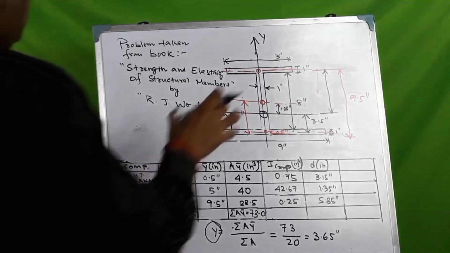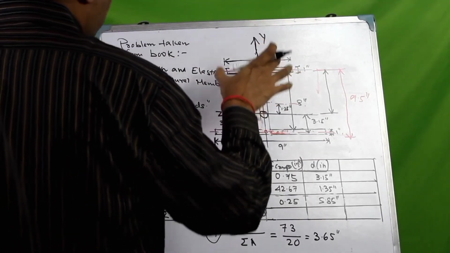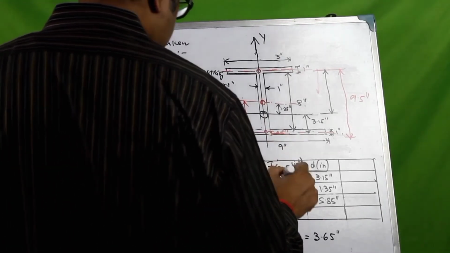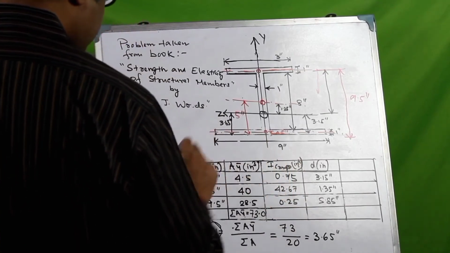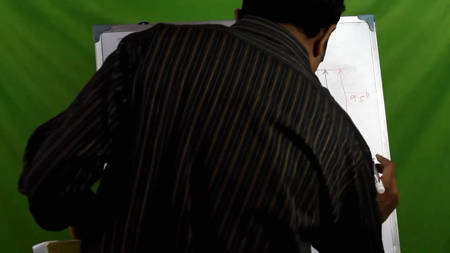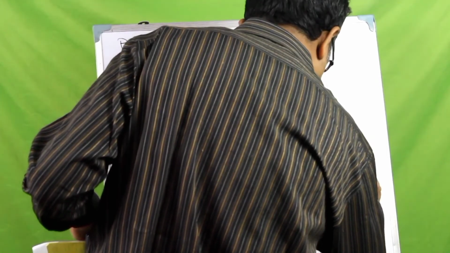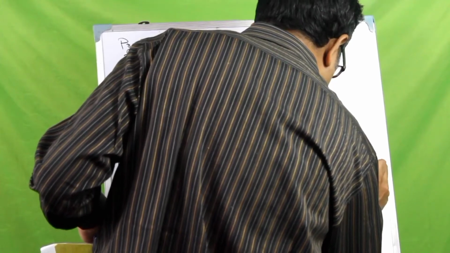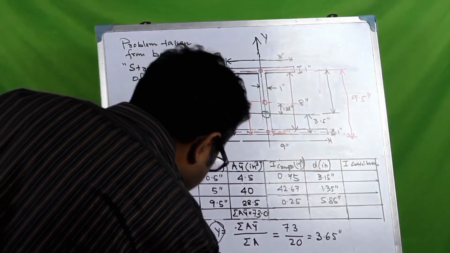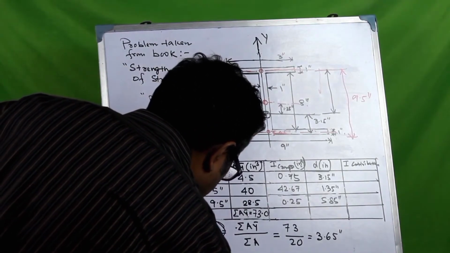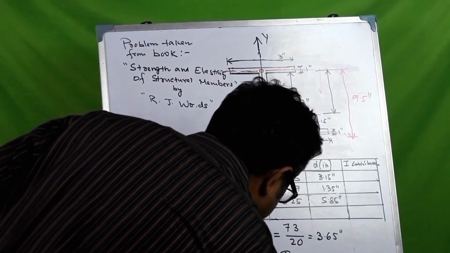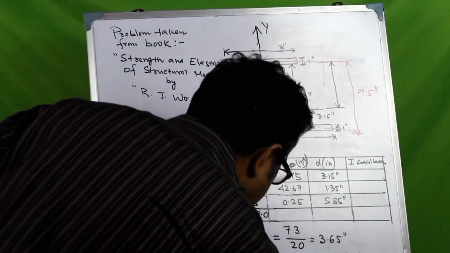The contribution of each of these components to the moment of inertia of the whole section would be given by the moment of inertia of the individual component plus A into d square.